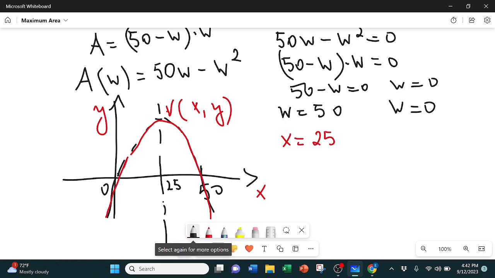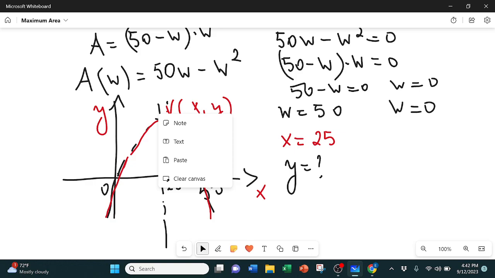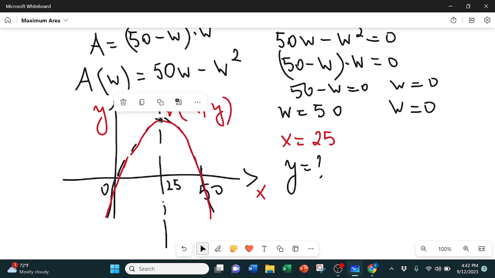By finding the value of y, we can find the maximum point of our function. So x and y are the coordinates of the vertex, and y is going to represent the maximum. Why this point? This vertex is the maximum point for this function.